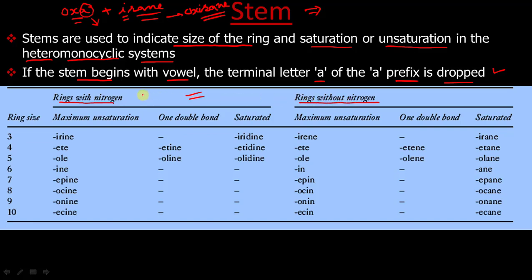Now if the ring contains nitrogen and its size is 3, it is a 3-membered ring, and it is maximum unsaturated. A 3-membered ring with maximum unsaturation can be like this. So this is a 3-membered ring, and it has maximum unsaturation, because only one unsaturation is possible. For this ring, the stem that will be used is irine. Now if it is saturated, how will it be saturated? Suppose the ring is this, there is no double bond, that means it is saturated, it has hydrogen. Let me draw a little below.